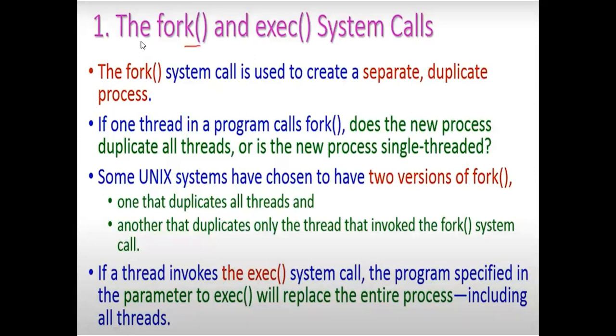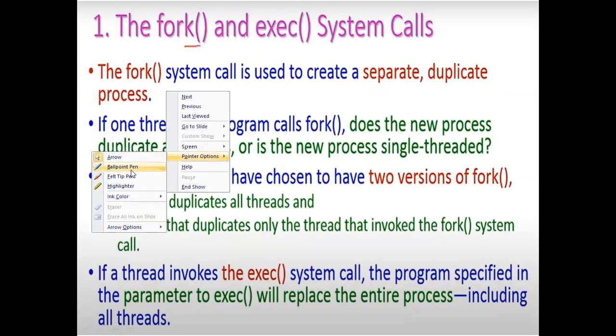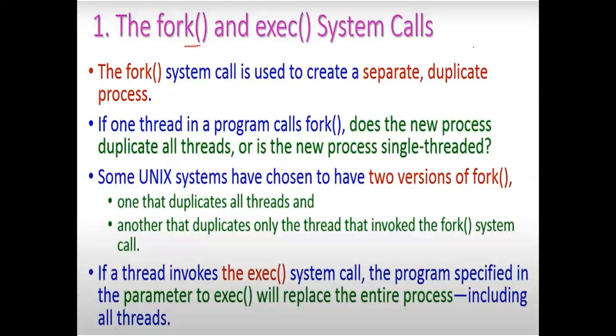The first one is fork and EXEC system calls. The fork system call is used to create a separate process, and it should be a duplicate process. That is, using this fork system call, the parent process will create a child process using the fork system call.